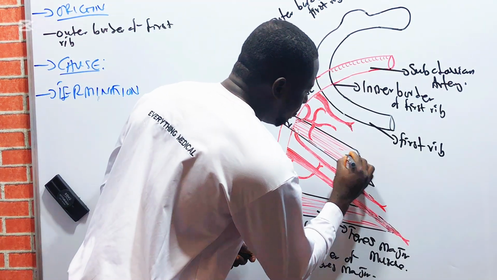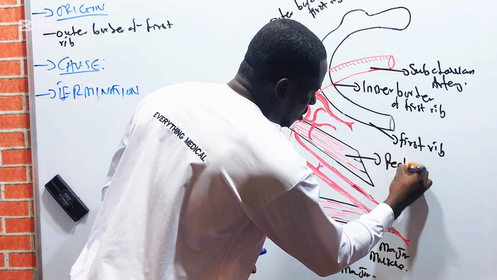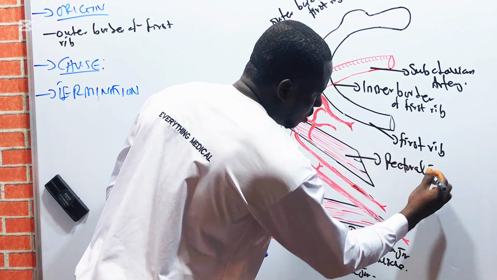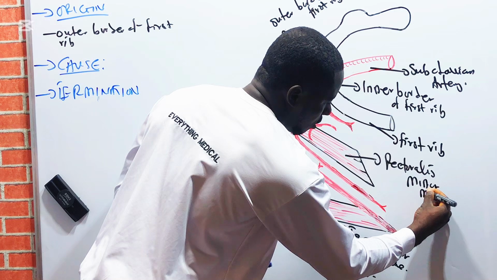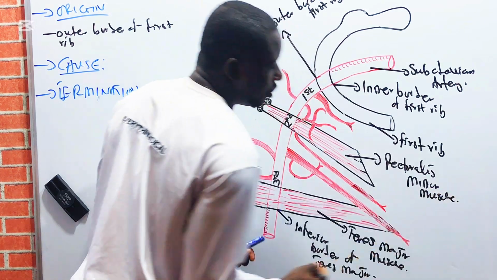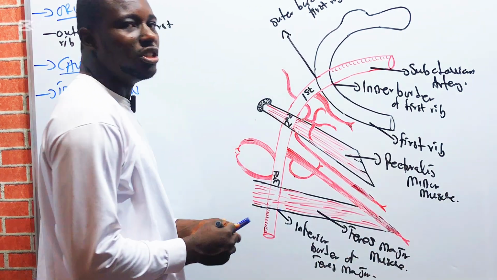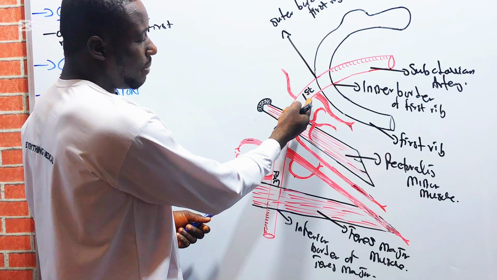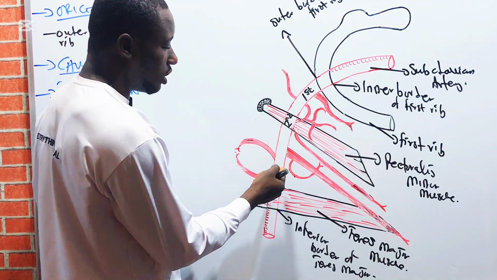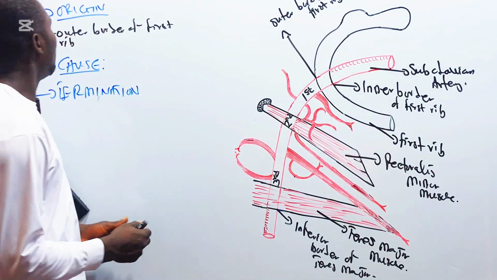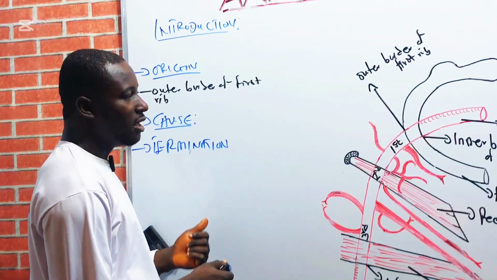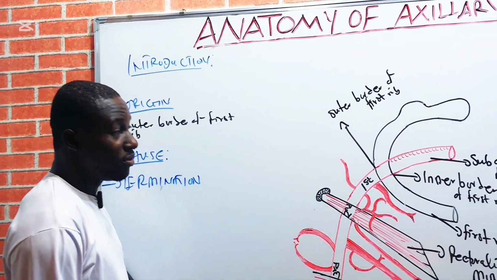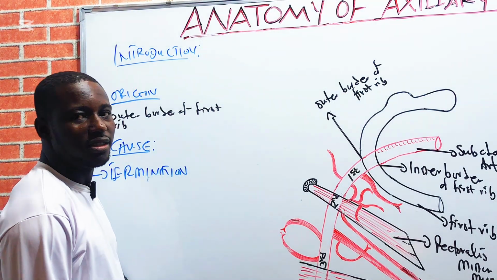So here is the pectoralis minor muscle, which divides it into three parts: the first part, second part, and the third part. We have discussed the origin, the course, and the termination. The next we're going to be looking at is the branches.